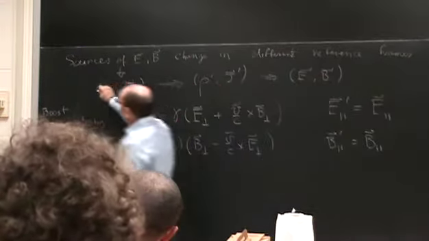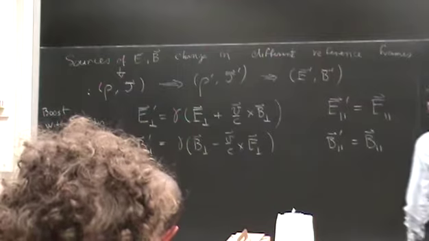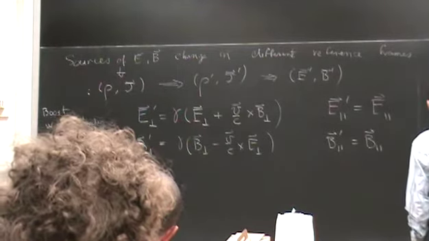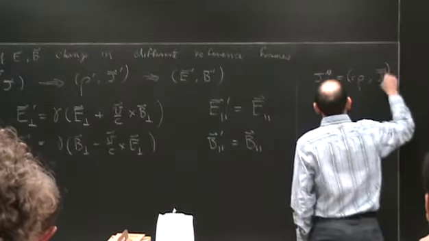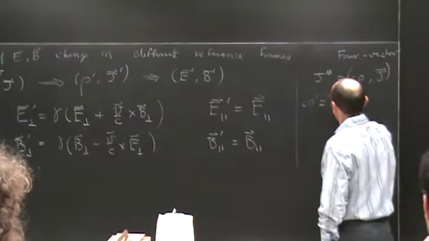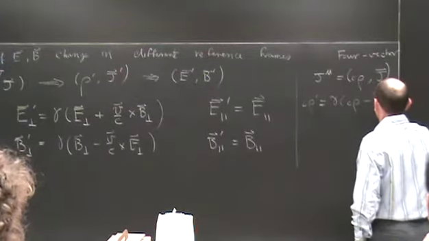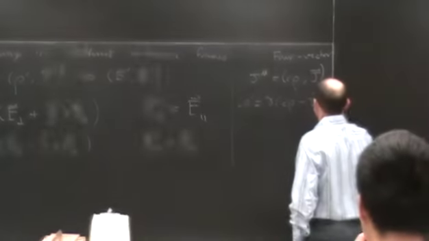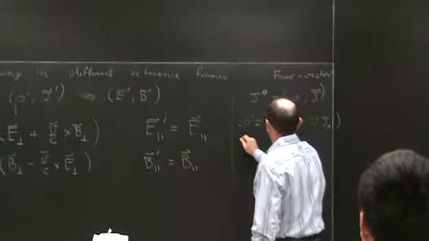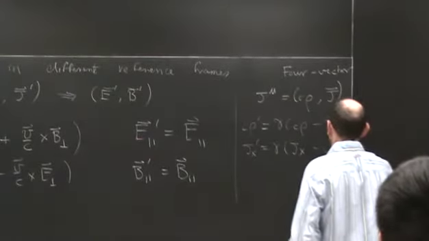So the combination of charge and current together form a 4-vector, which transforms according to Lorentz transformation, where c rho prime is equal to gamma c rho minus v, let's say in the x direction, Jx, and Jx prime is gamma Jx minus v rho.